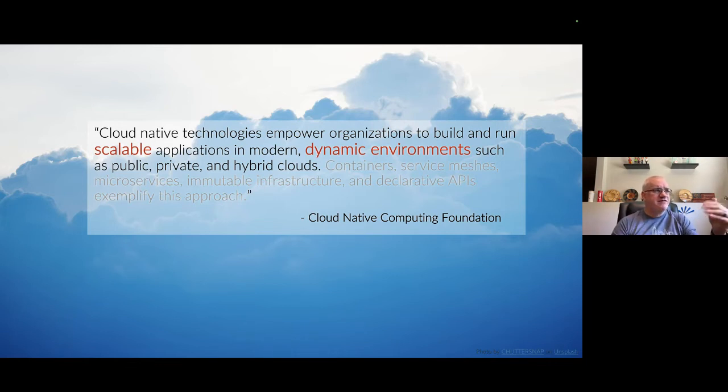The other half of this, the grayed out portion, really speaks to some of the tooling that we would use to implement this scalability, some of the tools we would use to implement these dynamic environments, but they're by no means the only way to deliver cloud native applications, right?